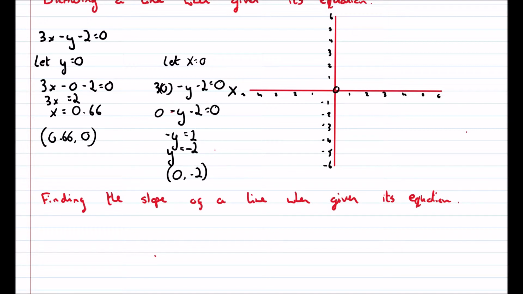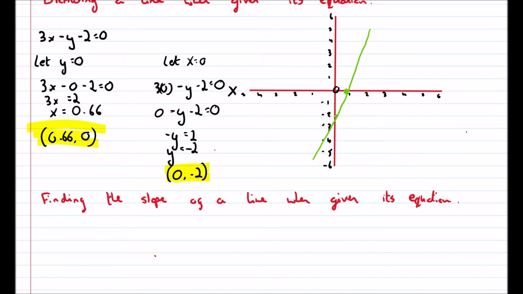Now I have my 2 points. Here's one, here's the other. So plot those. (0.66, 0) is about here, and then (0, minus 2) is about here. So if I was to draw my line, that's what it would be.